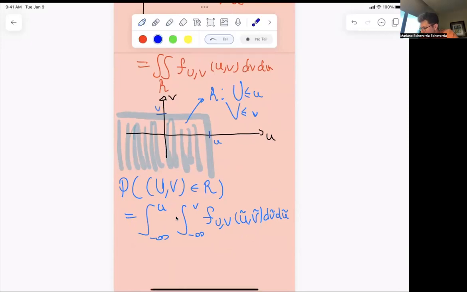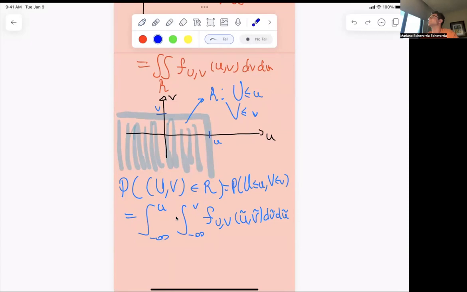One option was to call the bounds A and B. What I'm trying to talk about is the probability that U is less or equal to U and V is less or equal to V. But in analogy with the case of one variable, I'm calling the bounds the same letter as the random variable. That allows me to put U and V as the bounds for the integrals.